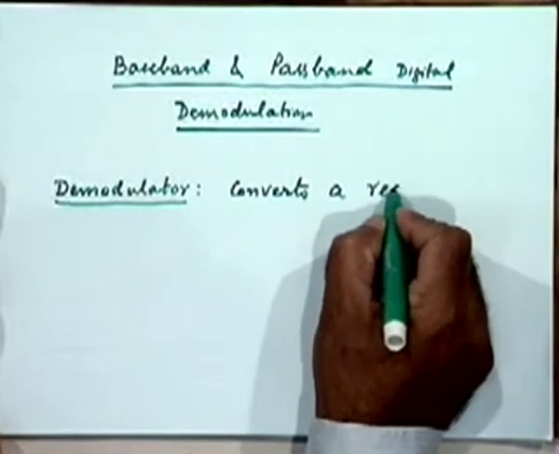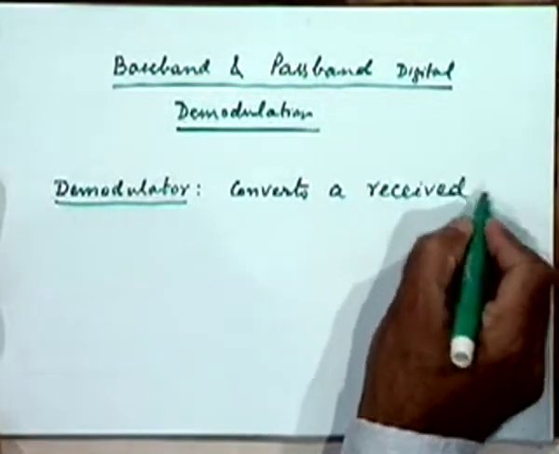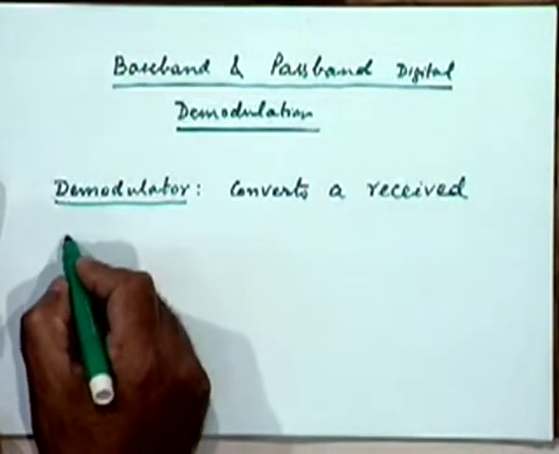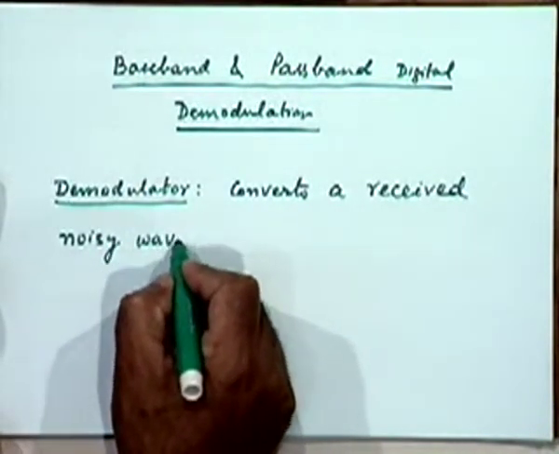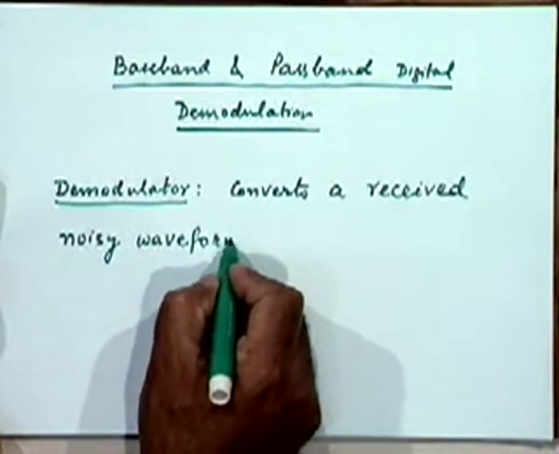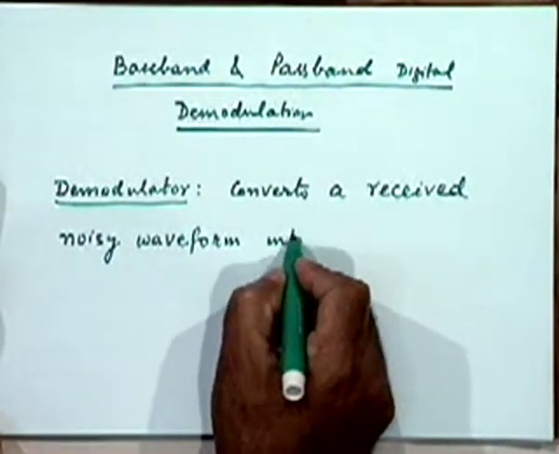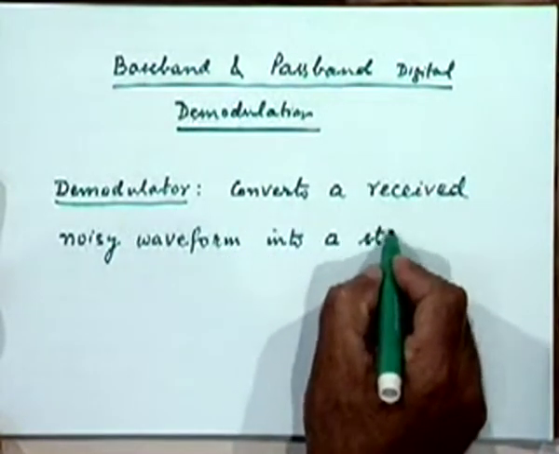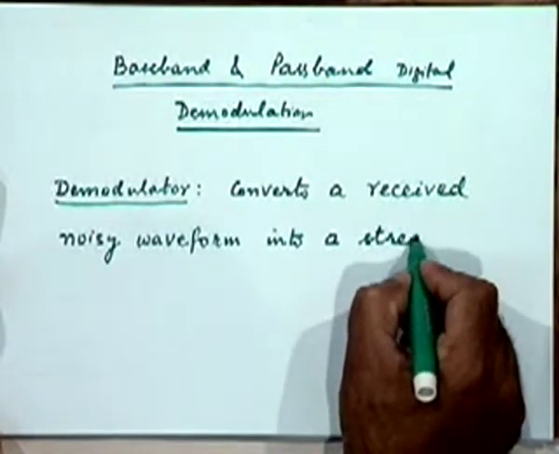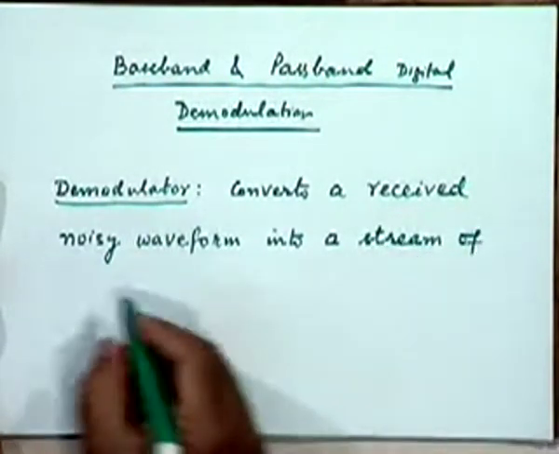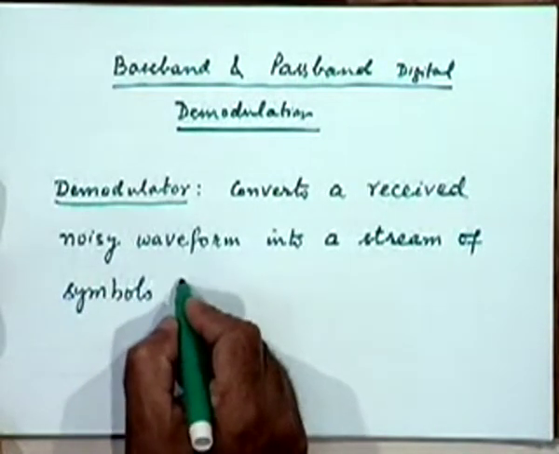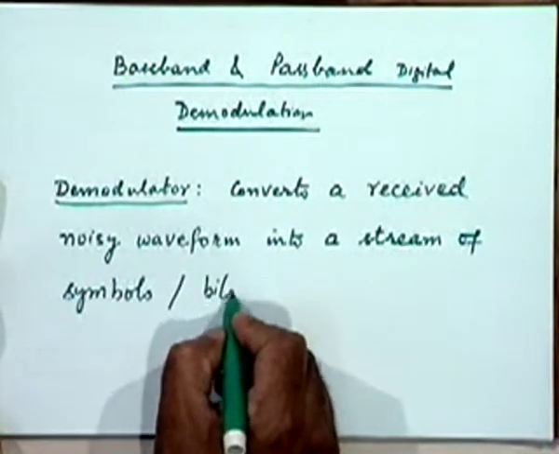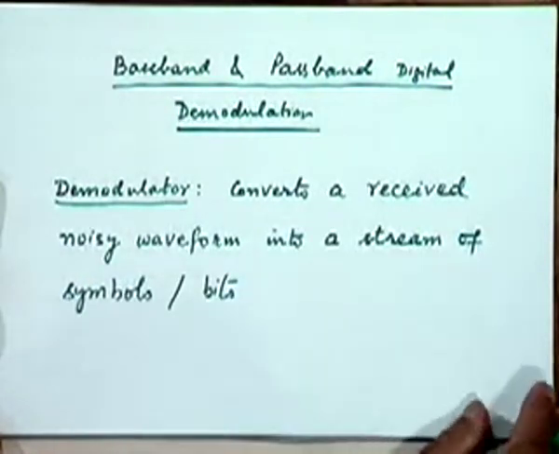So basically a demodulator converts a received waveform, which would be typically noisy, into a stream of symbols or bits. That is the basic job.